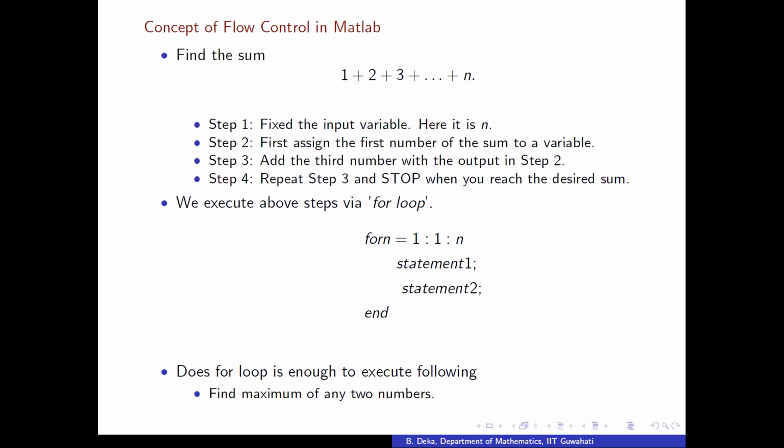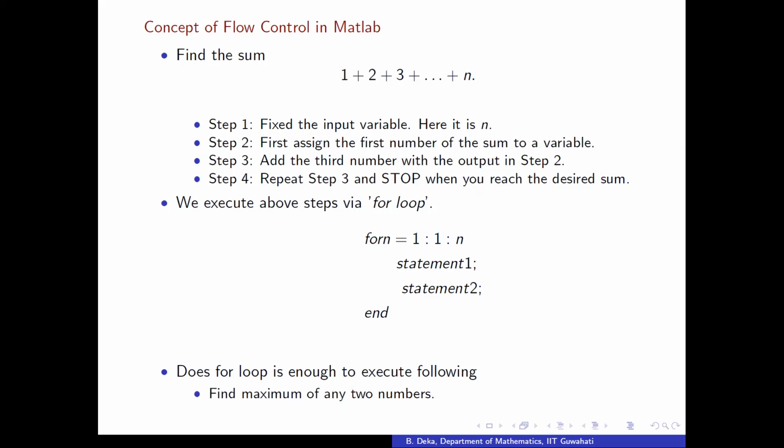That means there is a comparison. You have to compare one with the other. The moment you have a comparison between two numbers, or not necessarily two, it could be a finite set of numbers, you are basically comparing the numbers.